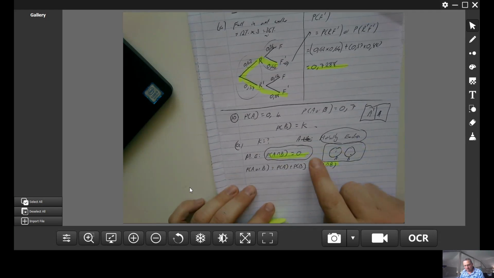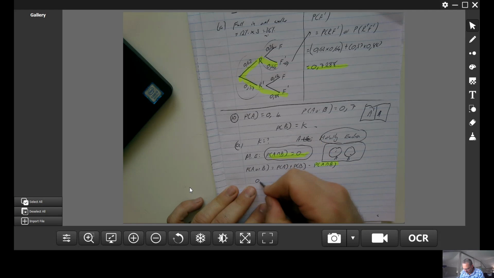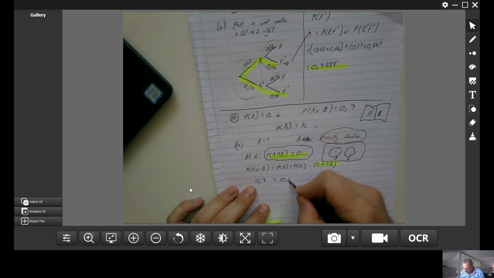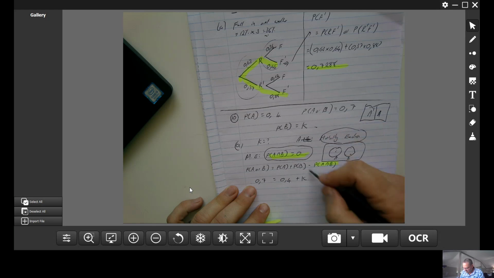We know that the probability of A or B is 0.7, the probability of A is 0.4, and the probability of B we've called K. We've got to find that out, and that last term is going to be 0.